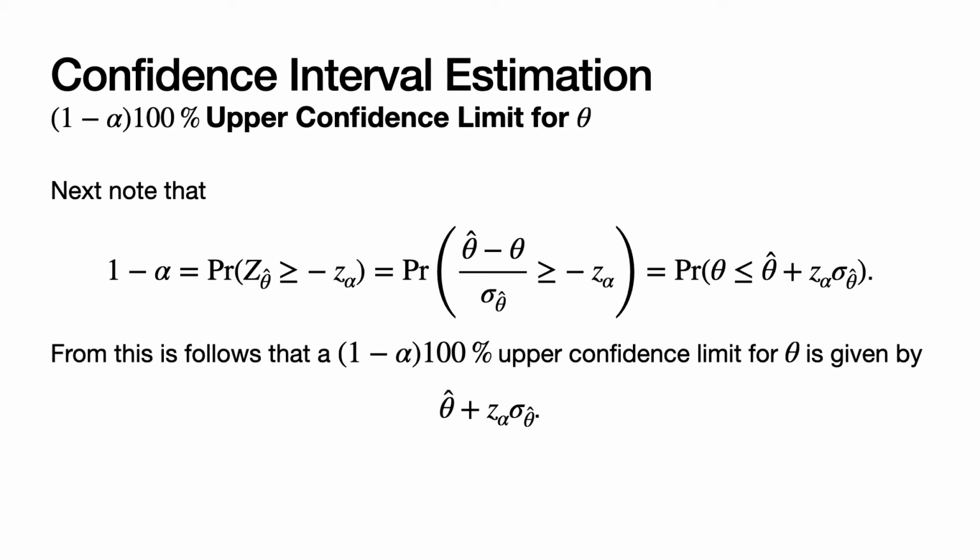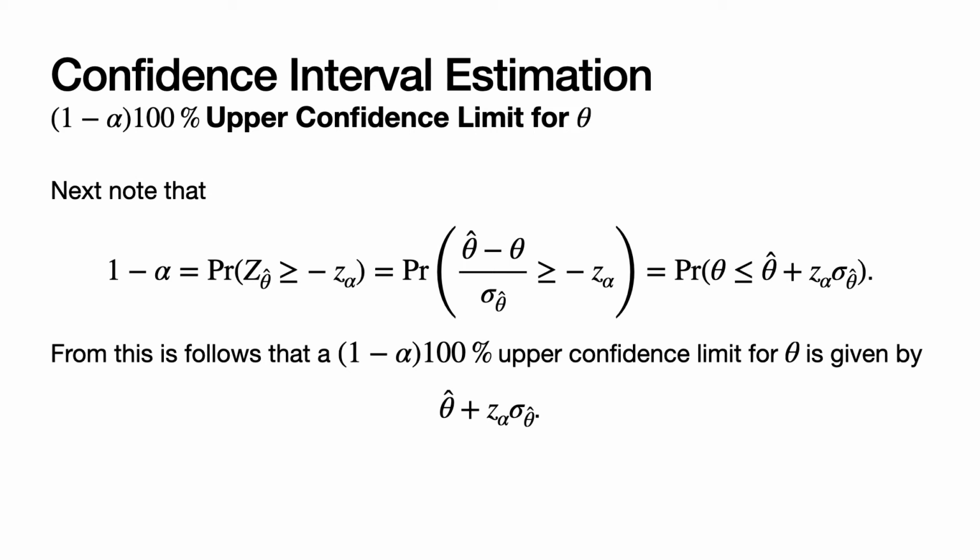We can replace z sub theta hat by what it's defined to be, so theta hat minus theta all over sigma sub theta hat. Then we can rearrange things algebraically inside the parentheses and get the final probability statement on the right-hand side.